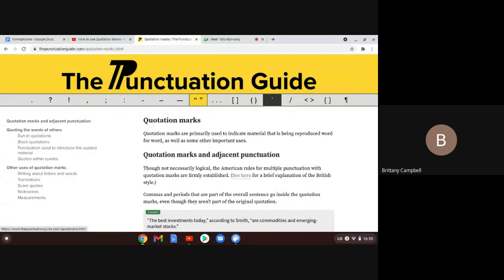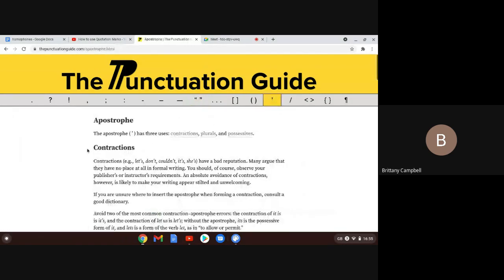So here for the apostrophe, we're just seeing a single quote, but for the quotation marks, we're seeing double quotes. All right?